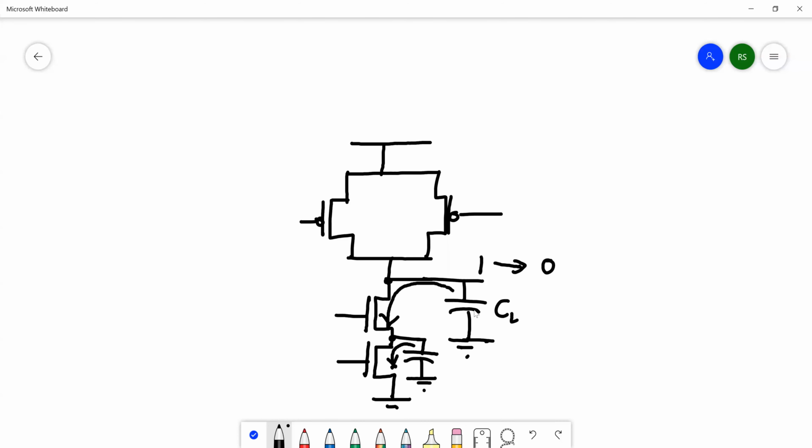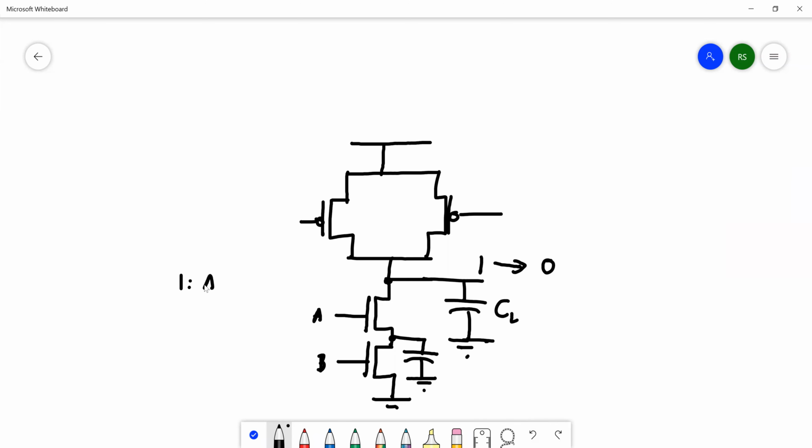Suppose we have 2 signals, and just like I mentioned, they might not come at the same time. Let's call them A and B, and let's say that A comes first.